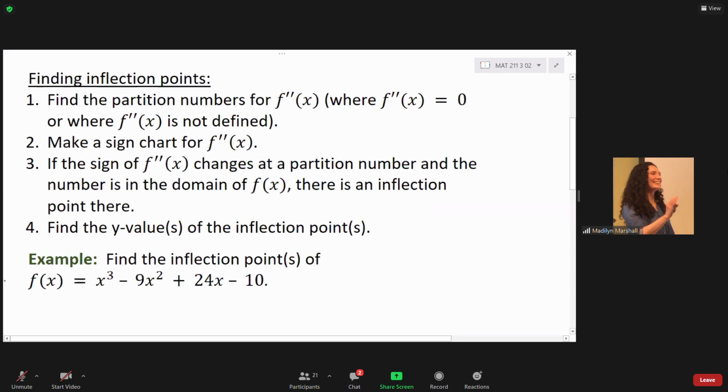So to find inflection points, we need to know the second derivative. So to find the second derivative, we take the first derivative first. And then we just do the derivative again.